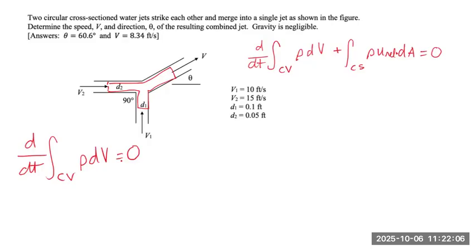And if you think about it, it makes sense, because this gives you the mass flow rate through the control volume. All the mass that is flowing in is flowing out, and none of it is accumulating inside. So it means that the mass inside this area is not changing at all.